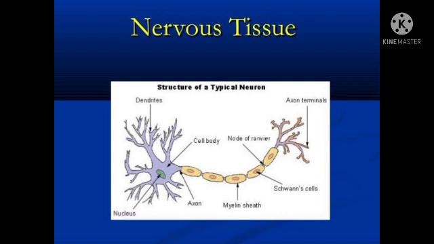The cell body or cyton consists of nucleus and various cell organelles. So the brain, spinal cord and the nerves together form the nervous system. And we will learn about this nervous system in the next chapter in detail.